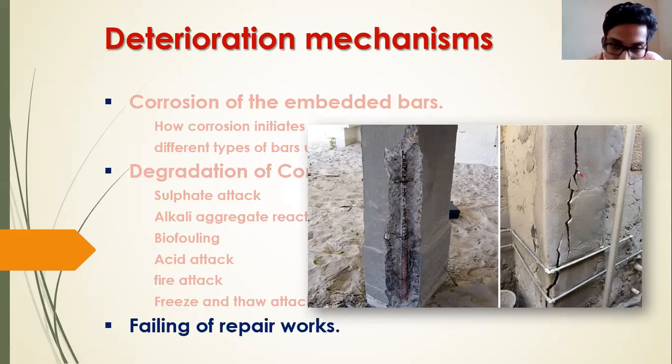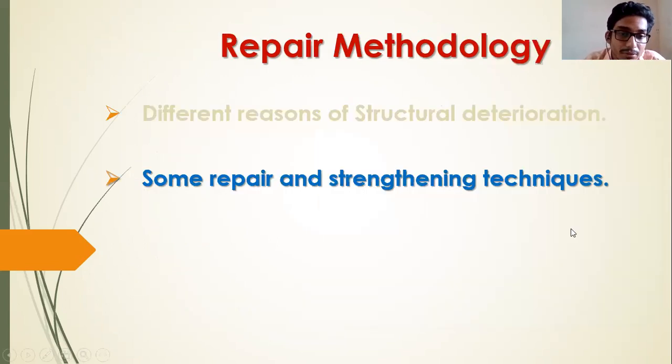We have to stop deleterious agents from entering the concrete system to stop the corrosion. So the corrosion was still continuing, and you can see the cracks came out again. So the failing of repair work also matters in the deterioration of the concrete structure.